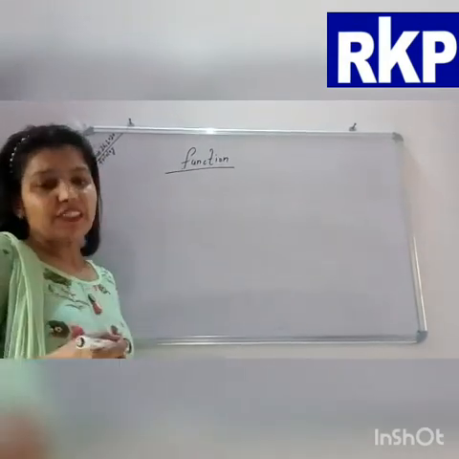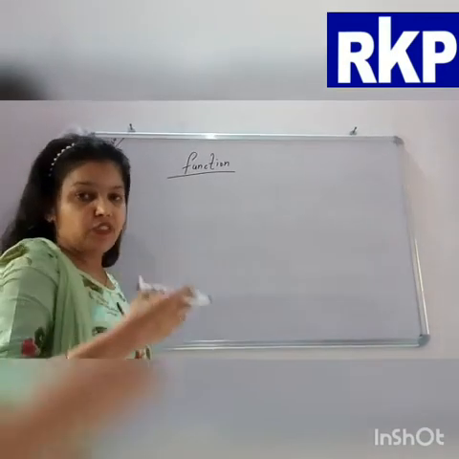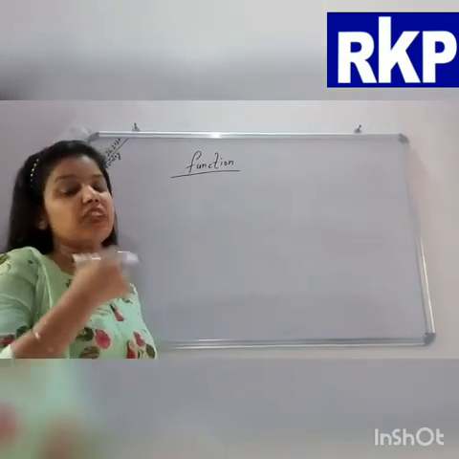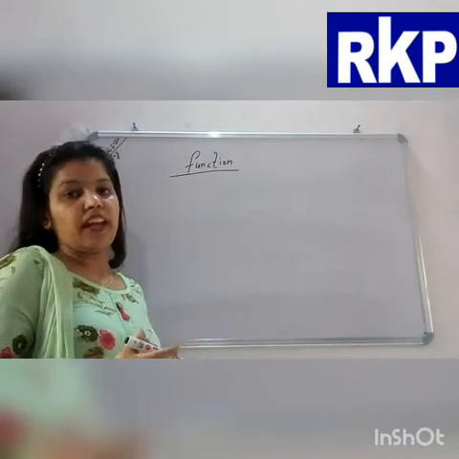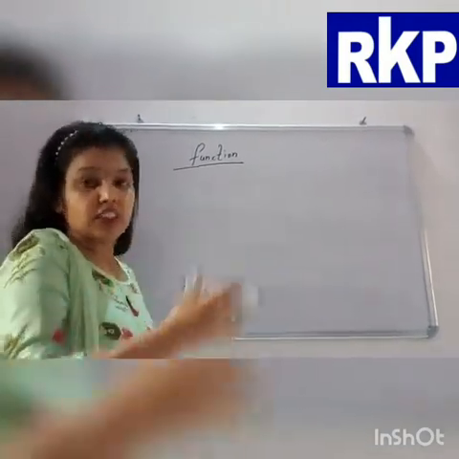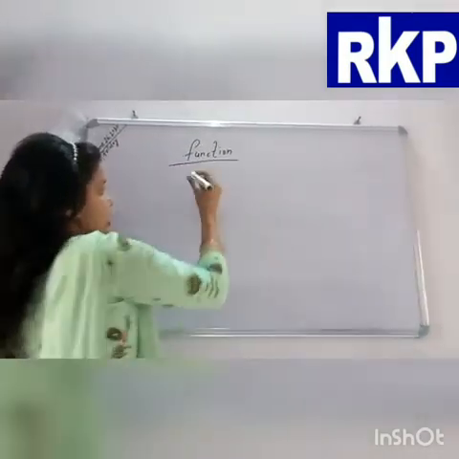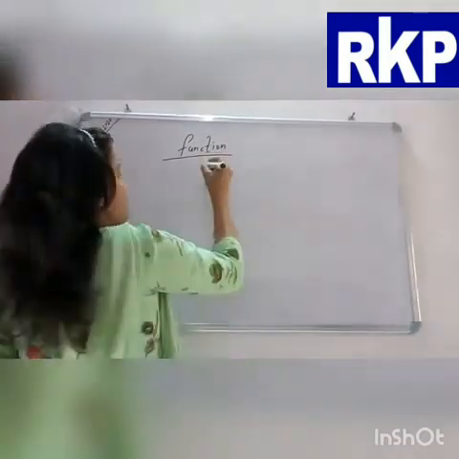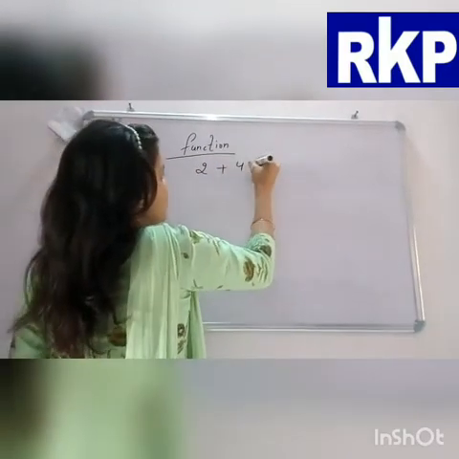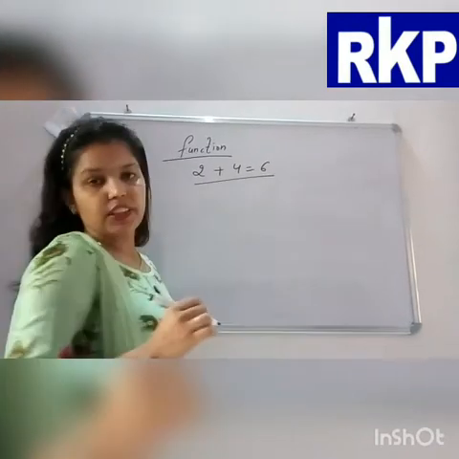Functions are predefined formulas. Predefined means if any formula is here and we are giving a name to that formula and we are defining the formula and its functioning, it is called a function. For example, we have taken the example 2 plus 4 equals 6 in case of formula. Now we are doing addition here.